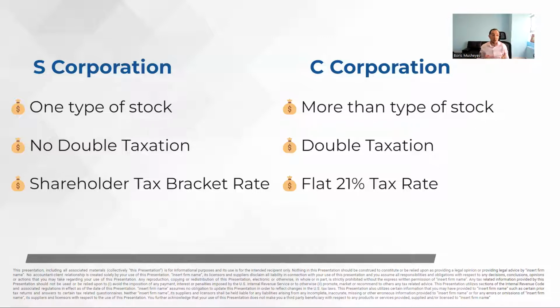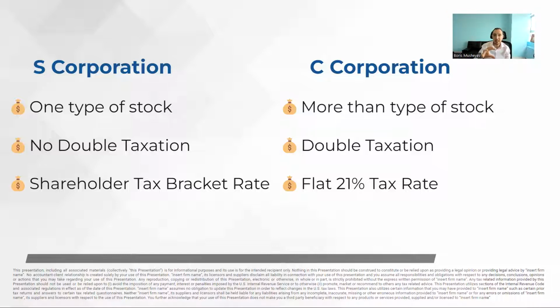Then S corporations have the shareholder's tax bracket rate. So when that income passes through to a shareholder, he pays tax at his tax bracket, whatever that individual tax bracket he or she is in. That could be 10%, 15%, 25%, as high as 37%. Whereas a C corporation has a flat tax rate of only 21%, regardless of how much income you're making.